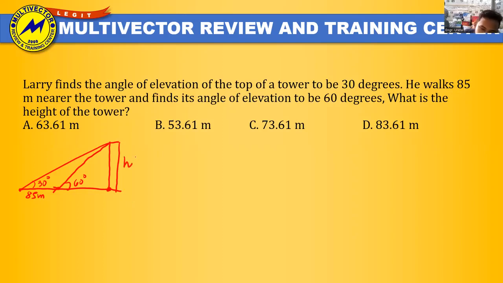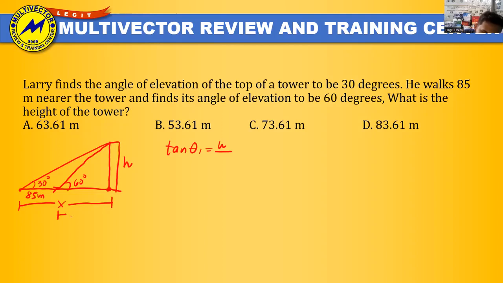H. So dito, conventional approach natin dito is actually, for this both right triangle, our height remains constant. So tangent theta 1 is just equals to h all over the adjacent side. So dito, ilet lang natin yung buong to as x.